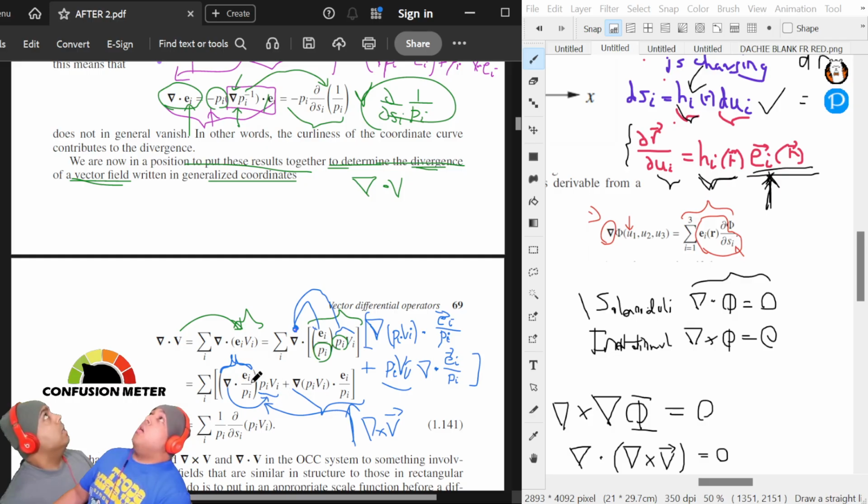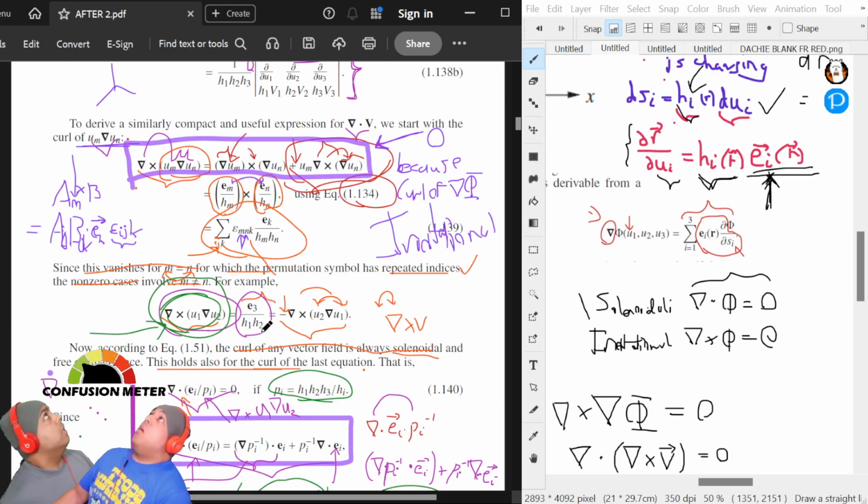This guy is secretly a curl of V, divergence of a curl of a vector field, 0. So this whole thing will be 0, so this guy goes over here, right? Yeah, maybe. EI on PI, yes, is a curl of a vector field. It's a vector field because even if it wasn't before, it is now because of the gradient function.